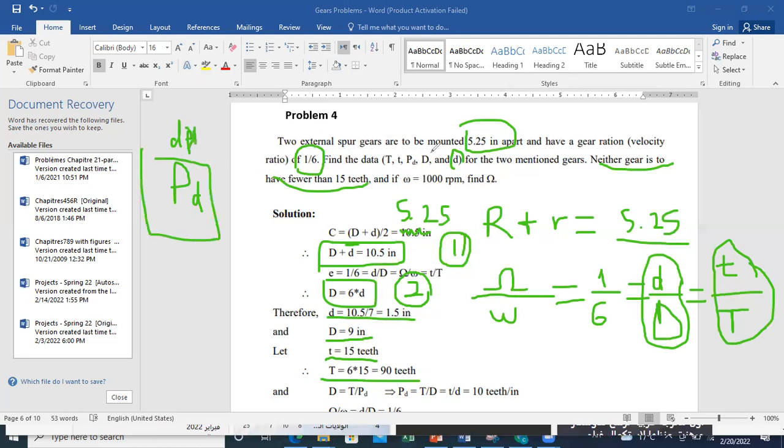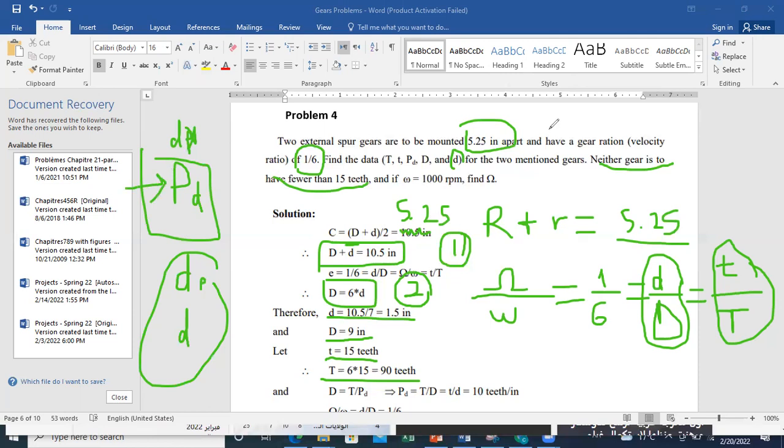In the course material, we use DP for the diametral pitch and D for the pitch diameter. So you should know this way of representation. You can have this representation, or you can have this one, to avoid any confusion after.